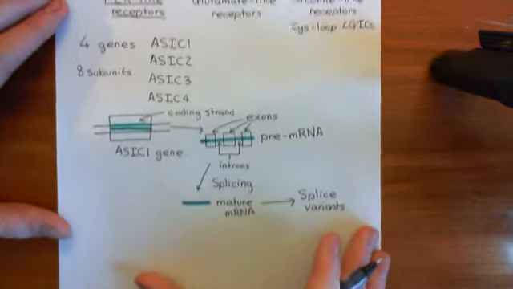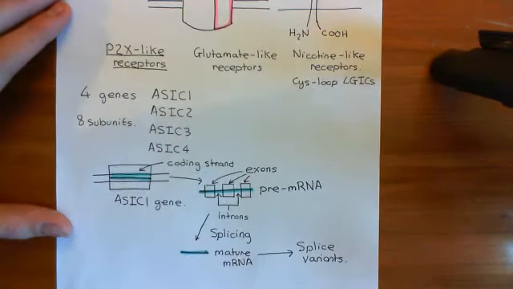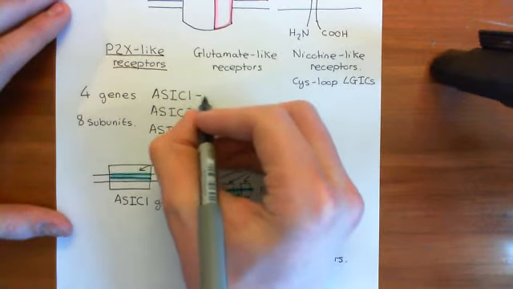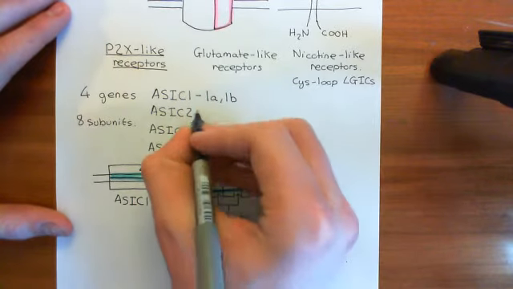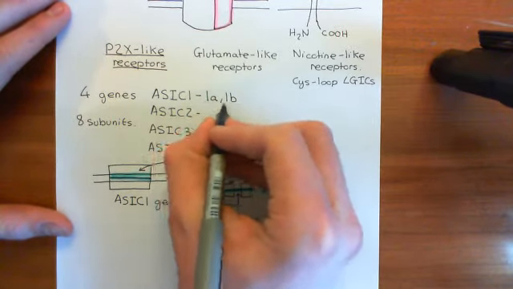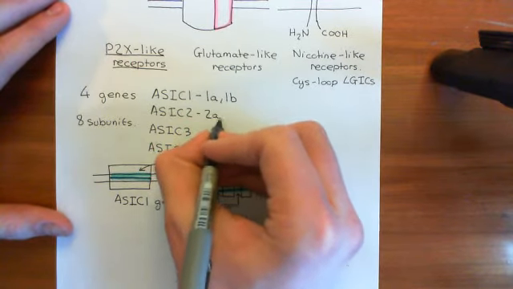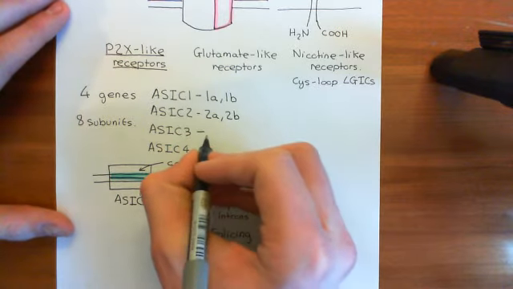Okay, so each of these 4 genes for acid-sensing ion channel subunits have multiple splice variants. For instance, ASIC1 has ASIC1A and ASIC1B, which are the 2 separate splice variants that come from the same gene. ASIC2 has 2 separate splice variants called ASIC2A and ASIC2B.